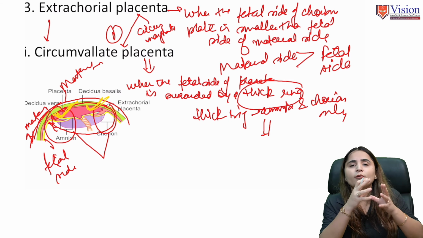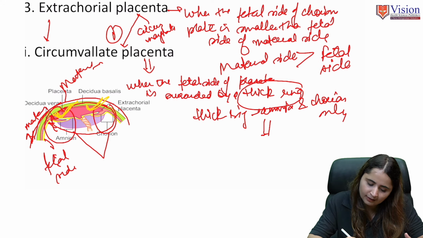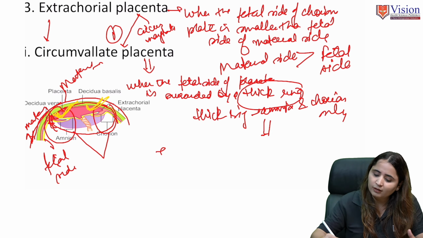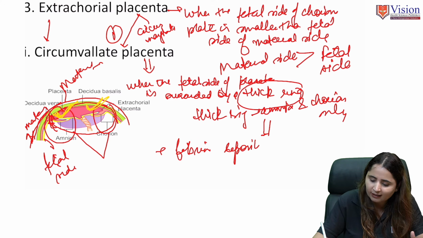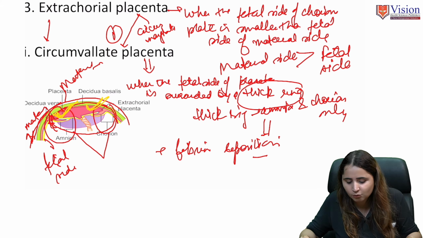So when we know that the fetal side is smaller than the maternal side, like यहाँ तक ये खत्म हो गया, बाकी ये जो maternal side है यहाँ पे it will further lead to fibrin deposition. अब जो जगह खाली रहेगी fetal side में, वहाँ पे fibrin की deposition start हो जाएगी.